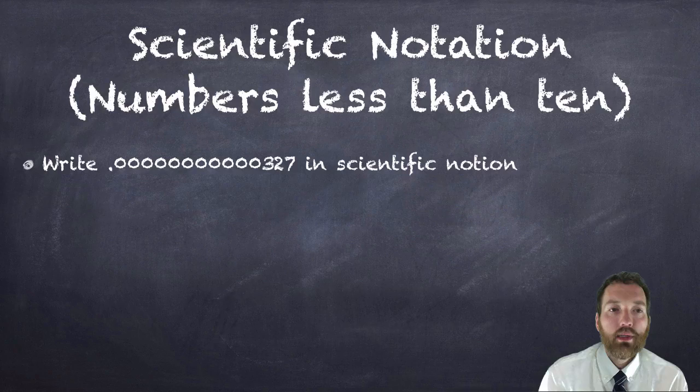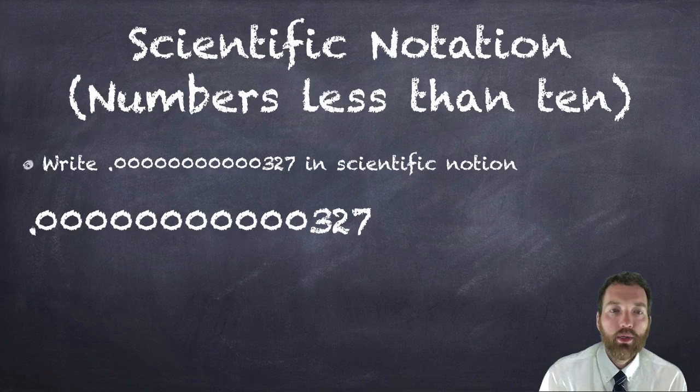All right, you try this one. Let's take this number and write it in scientific notation. So here we are with the number, and all you have to do is move it to the right to get a number that's bigger than 1 but less than 10.